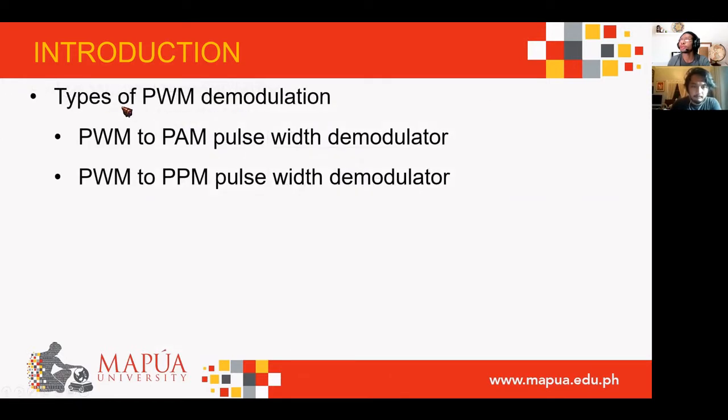As I have said, there are many types of PWM demodulation, but the most common techniques are the PWM to PAM pulse width demodulator circuit and the PWM to PPM pulse width demodulator circuit.